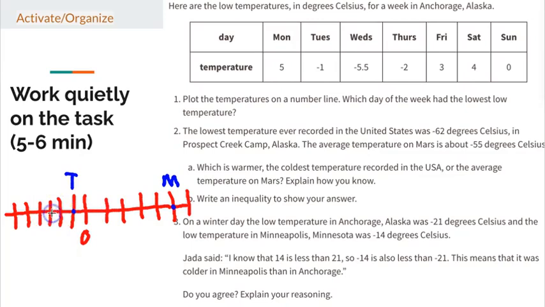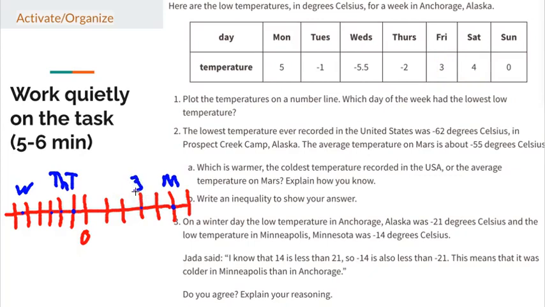-1, -2, -3. Oops. -4, -5, and then halfway in between here. That would be Wednesday. I'll just leave that out. I'm not going to use that anyway, I don't think. -2 on Thursday. So there's Tuesday. Thursday is just behind it. Friday is a heat wave. 3 degrees.